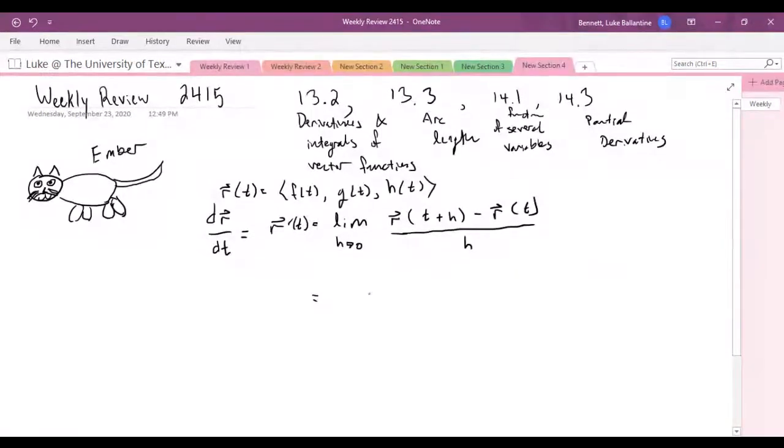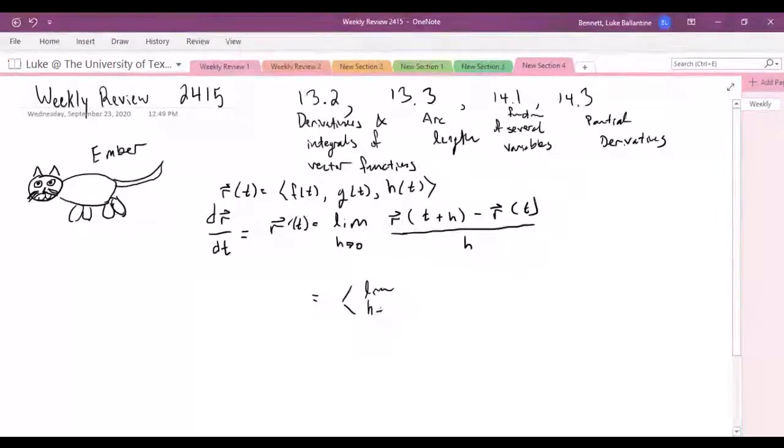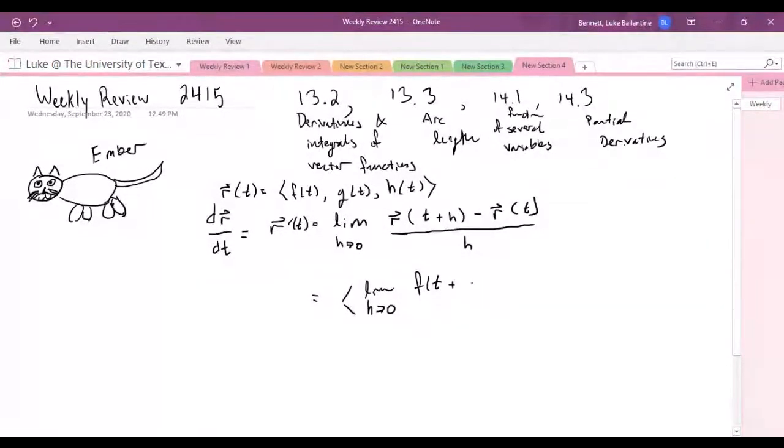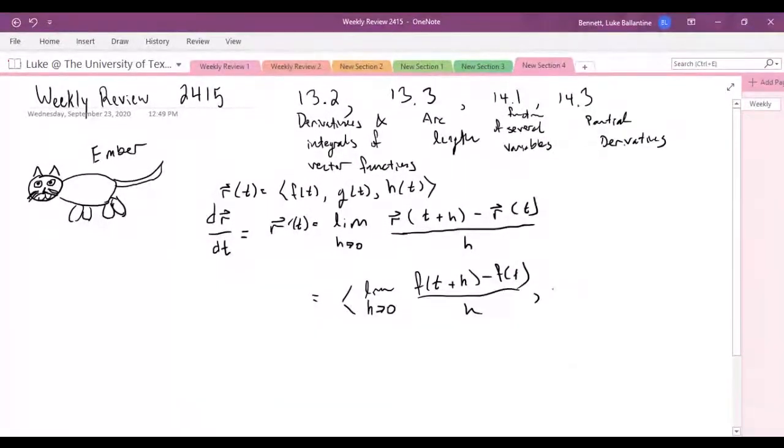Because if we expand this out, it turns into the limit as h approaches 0 of f of t plus h minus f of t over h, and so on and so forth with g for the y component and h for the z component.